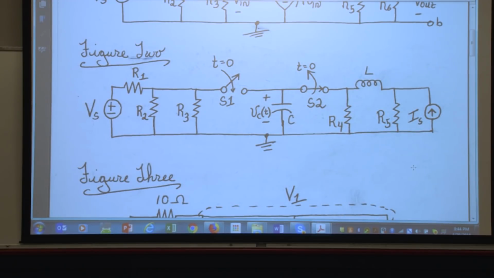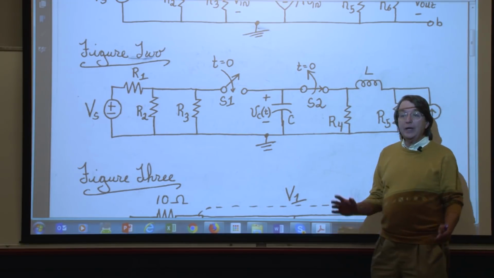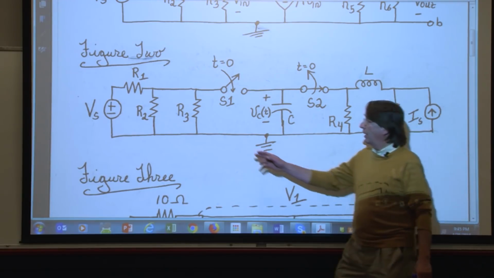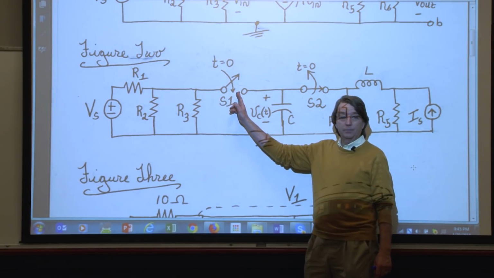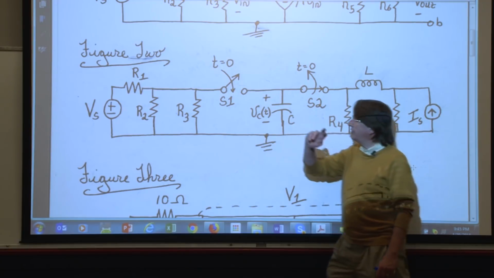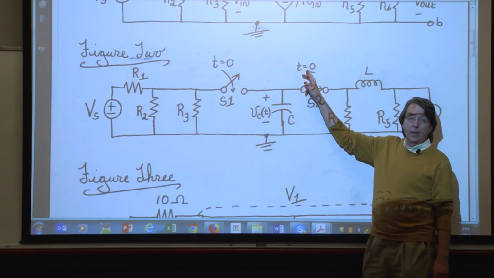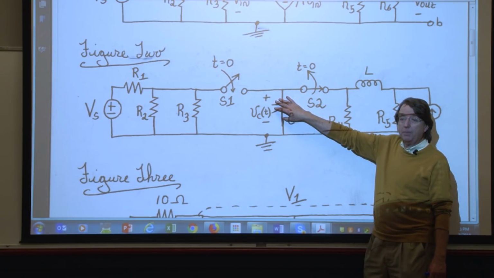So I now look here, V sub C of t. So I want this for t greater than 0. So Parker, help me out. T greater than 0. This switch is closed. Alexis, t greater than 0. This switch is open. I want the voltage across the capacitor.